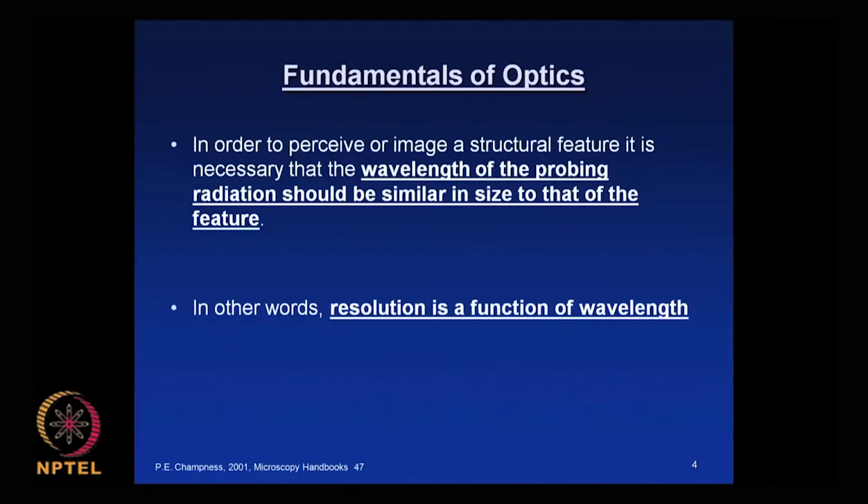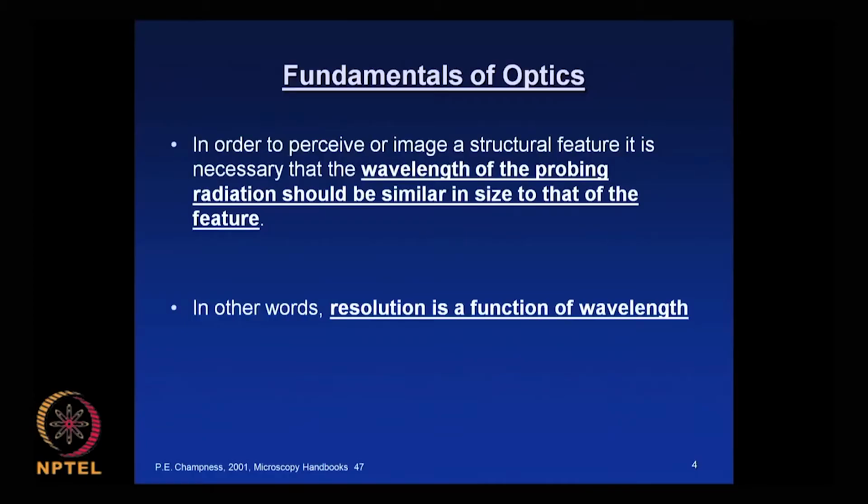This is a fundamental requirement for any electromagnetic probing radiation. That means you have to make sure that the wavelength of the probing radiation is of the same order as the structural feature we are interested in. And this is what is stated, in other words: resolution is a function of wavelength.